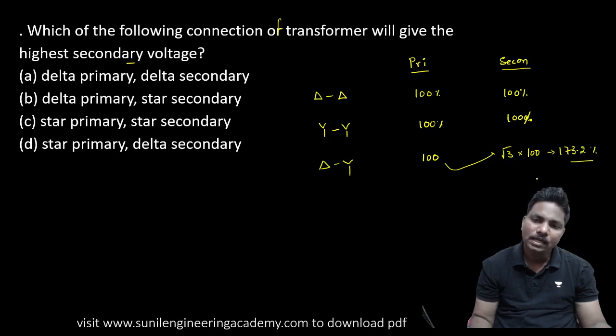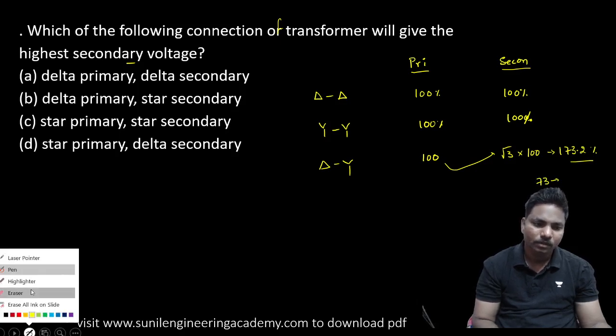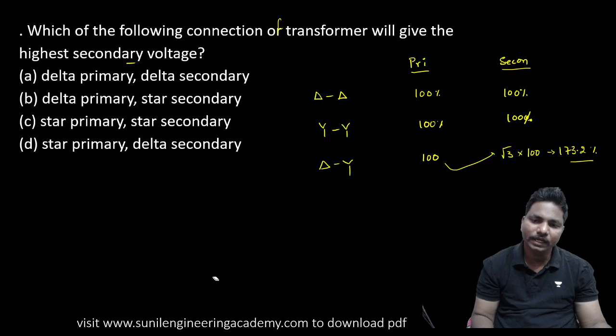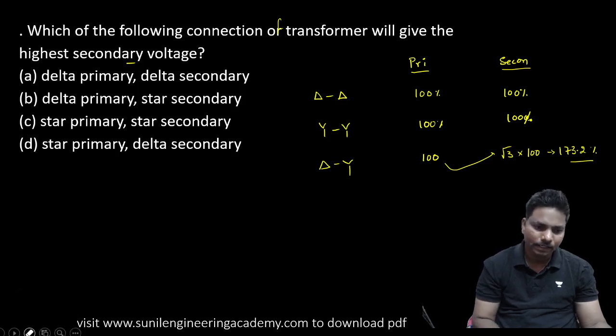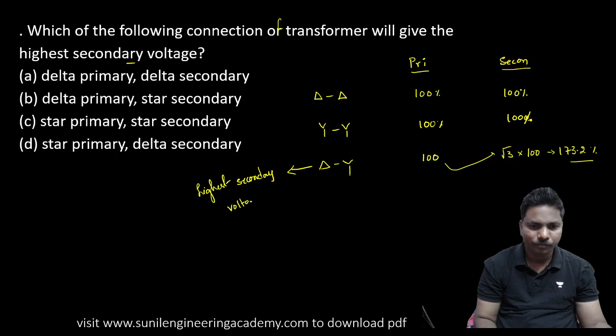So you are getting 73% higher. So here you can get a higher secondary voltage. So delta to star gives the highest secondary voltage, and then star delta.